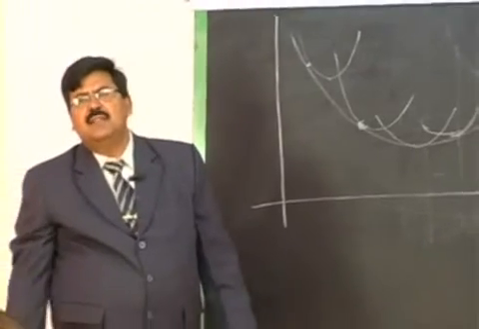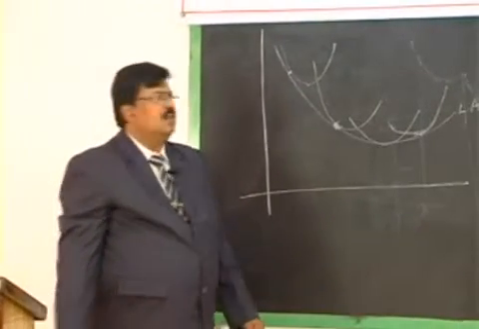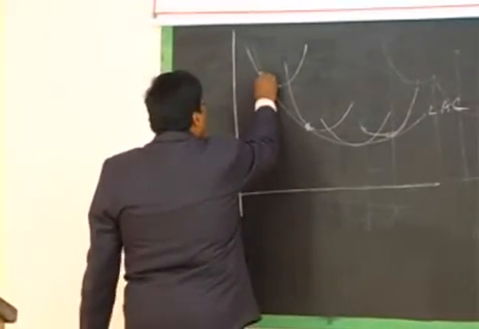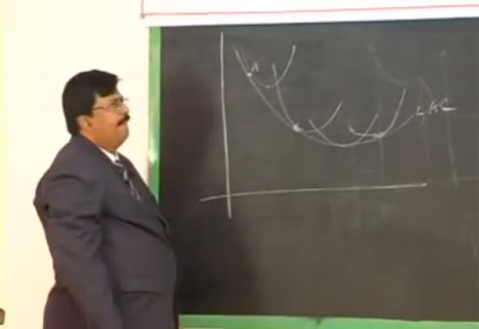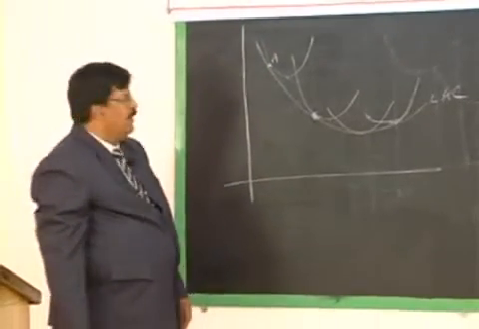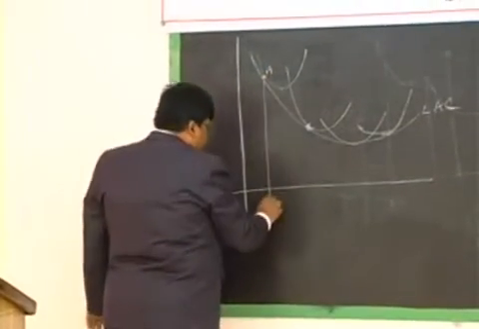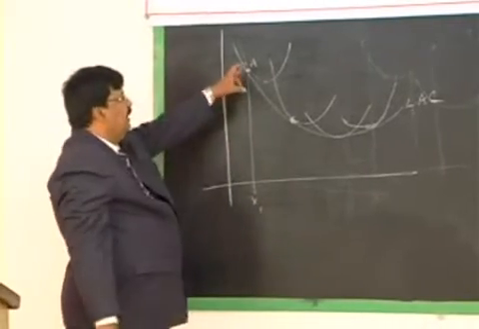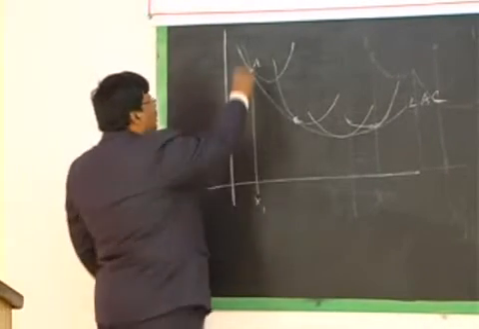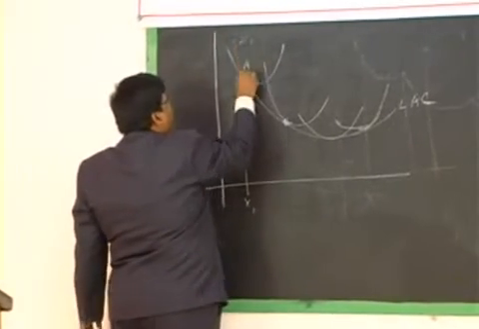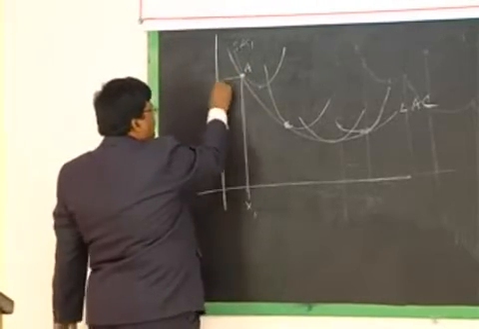There are four different plants, and each gives rise to a separate short-run average cost curve. So at point A, he is producing with OX1 rate of output operating with plant A, a smaller plant SAC1, and this is the least unit cost.